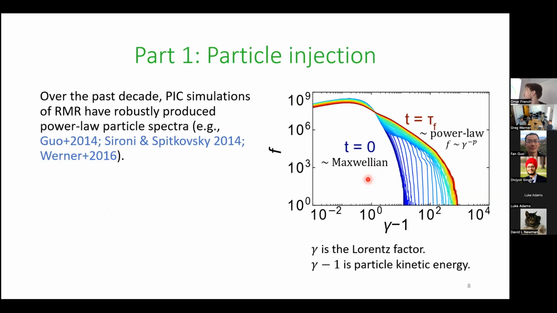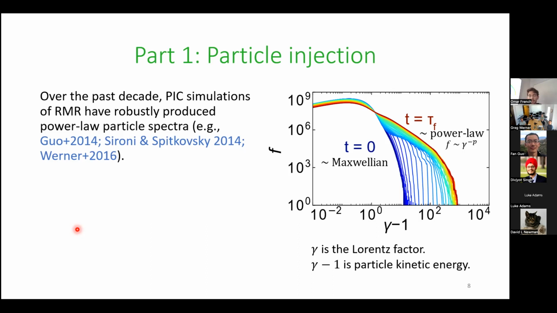So the first part of the talk will be on particle injection. Over the past decade, we have made a lot of progress on this in the field. This began almost 10 years ago. The real question here is, we know that PIC simulations produce power law spectra.